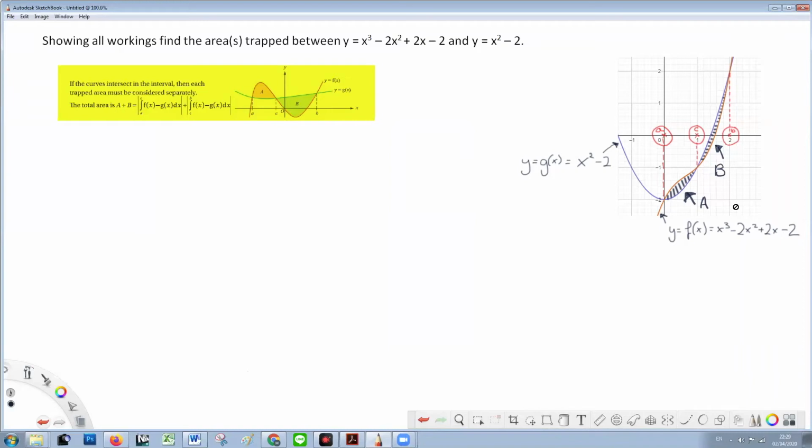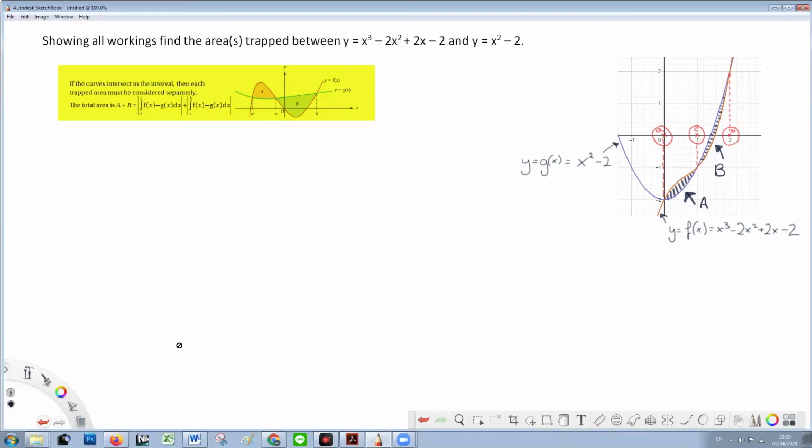So the first thing I need to do is to find the area bounded by the two curves. Now it looks pretty obvious that the intersections are going to be when x is equal to 0, 1 and 2, but I need to find them to make sure. The first thing you can see is y is equal to something and y is equal to something. So I'm going to let the two equations equal each other.